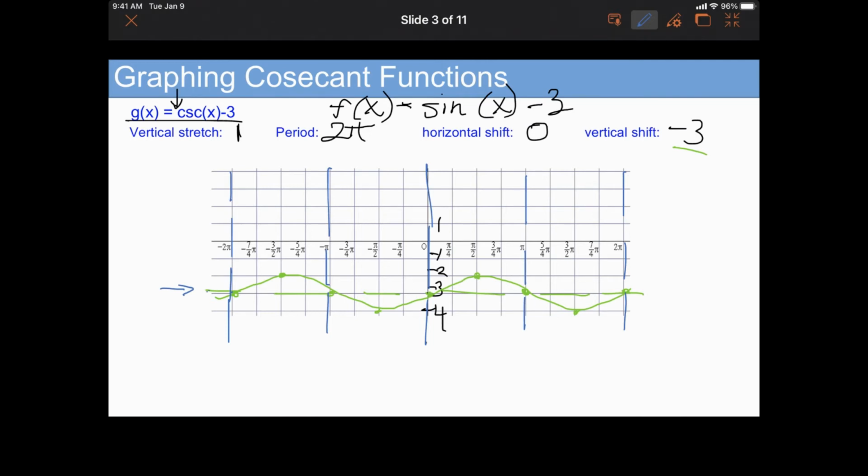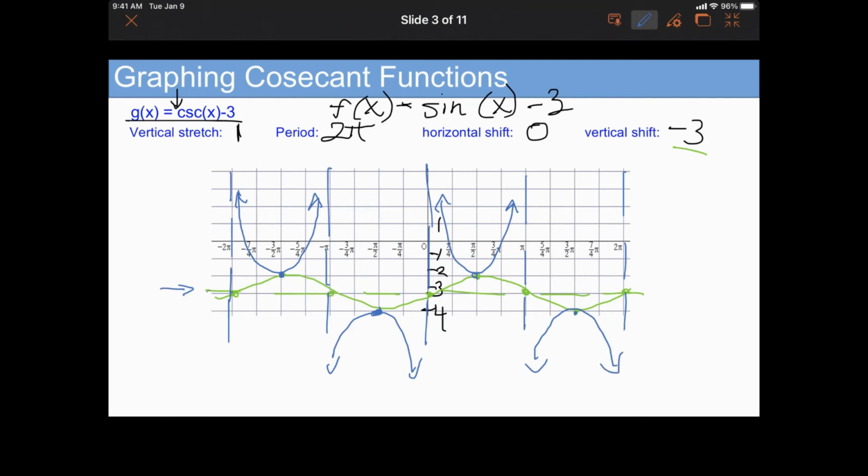Then you take your peak. You're going to draw a nice U. And your valley, you can draw a U in the other direction. And then here you are.